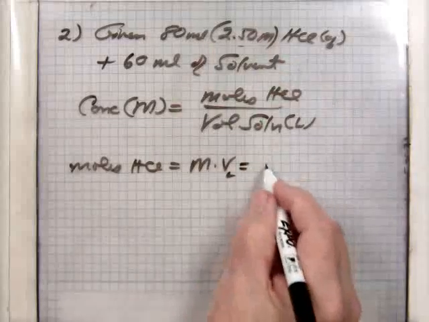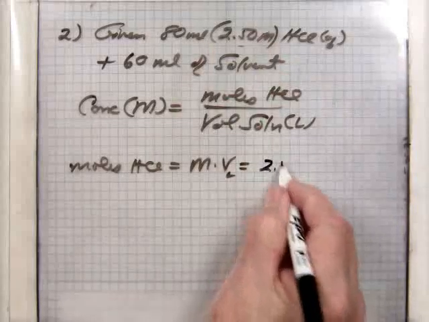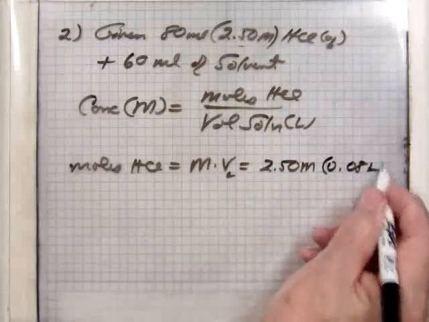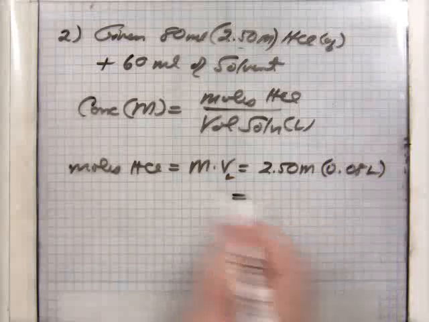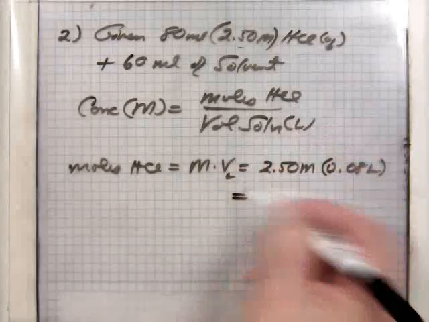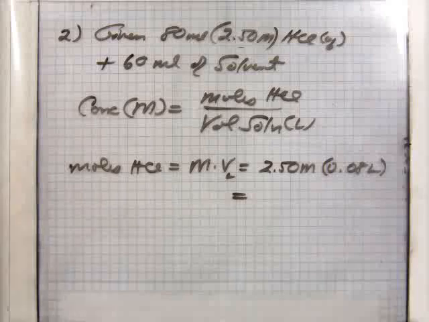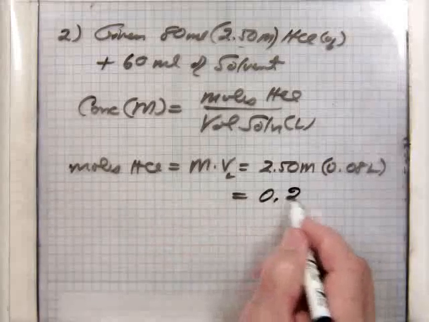So we have 2.50 molar times 0.08 liters, and that gives you the moles that'll go in the numerator of this problem. 2.5 times 0.08 equals 0.20 mole HCl.